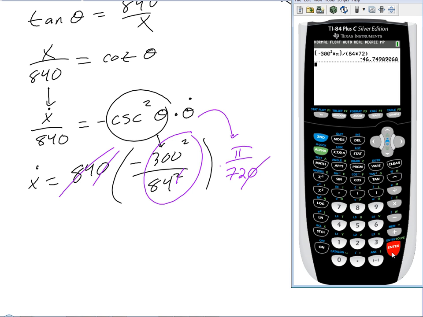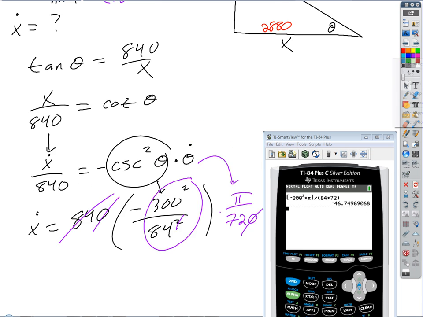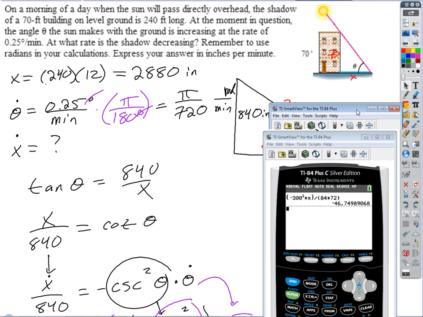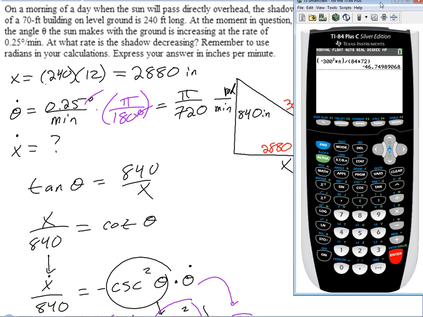Okay, so we get this, right? So we get about negative 46.75, but we'll just keep it to, like, what's it ask for? How much? Well, no, it should be negative, and we'll see why.